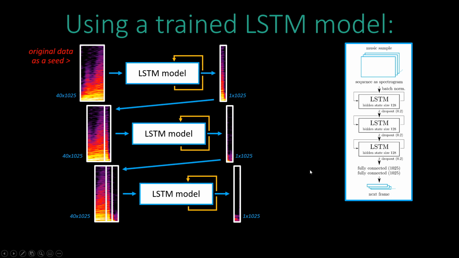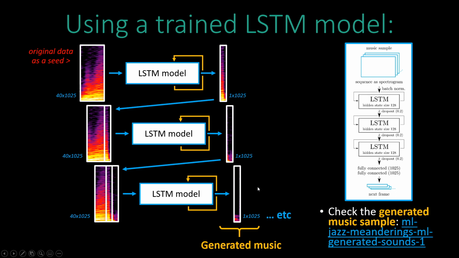You can start seeing that if you chain this model and reuse the same model again and again with the data, and every one of those iterations gives you one next frame, you can start combining these generated frames and call them the generated music. I was actually working with a model like this, and we have some samples to show how this music sounds in the end. So I will play it.